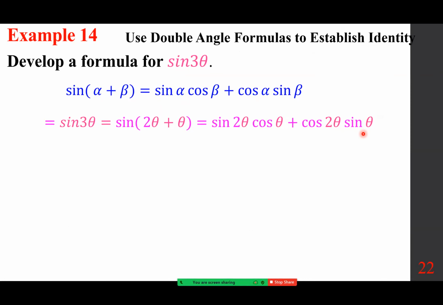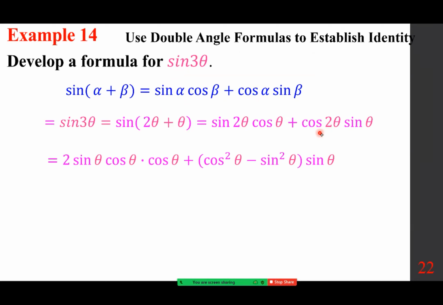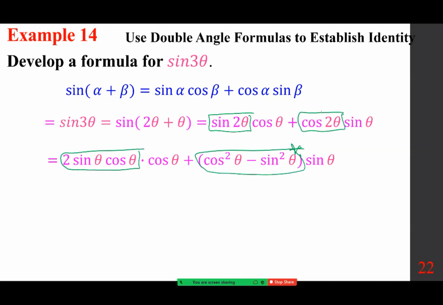Now sine 2 theta and cosine 2 theta, we're going to change them. This one becomes 2 sine theta cosine theta. This one we can write, for example, as cosine squared minus sine squared. So this is this, and this one is this.